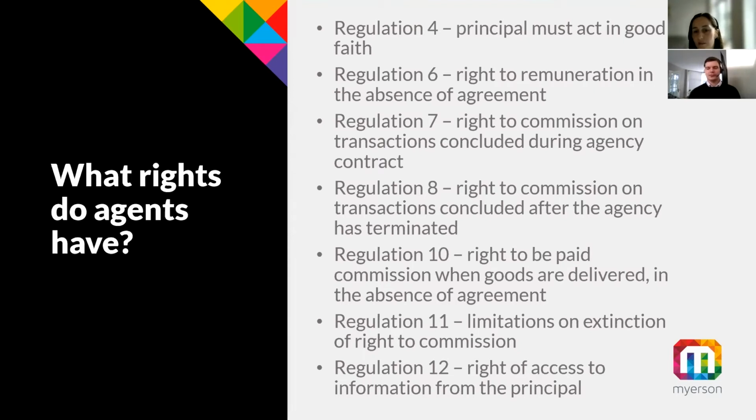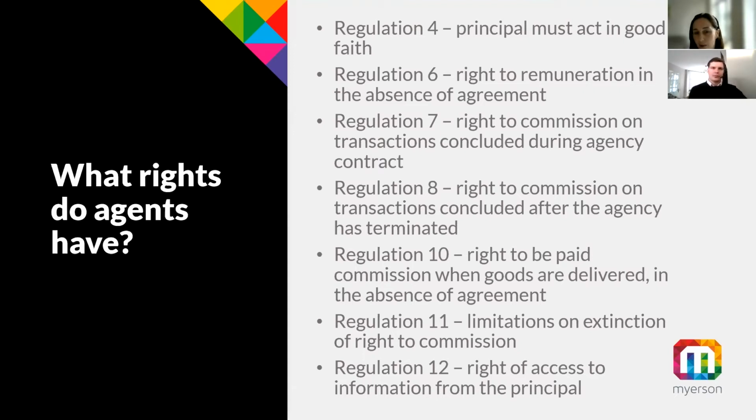The most significant right for an agent in most cases will be the right to compensation or an indemnity payment following termination of the agency. And that right will arise in the following circumstances.